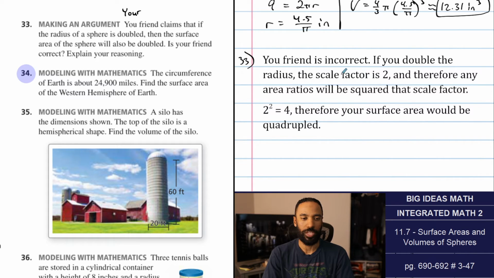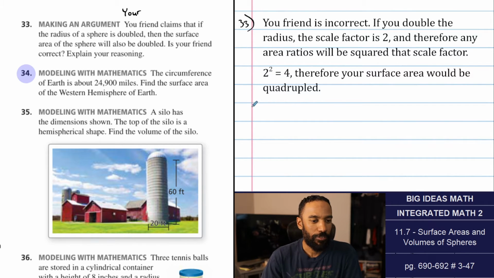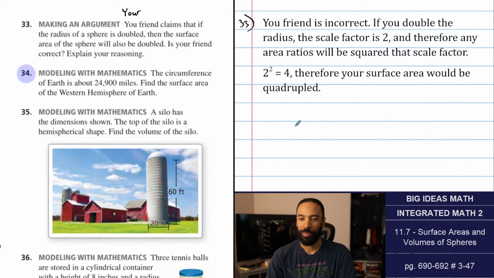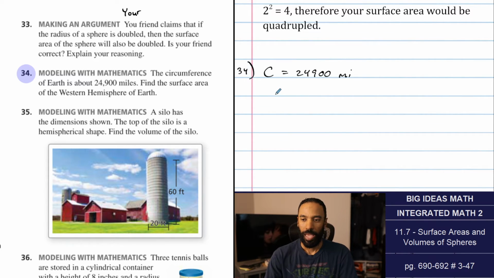All right, modeling with mathematics. The circumference of Earth is about 24,900 miles. I think we learned something about the circumference of the Earth based off of that guy. I forget his name. Some Greek guy. Find the surface area of the western hemisphere of the Earth. So if I have a circumference of 24,900 miles, and I want to use the radius for surface area, I'm going to set 24,900 equal to 2 pi times the radius, and I'll divide by 2 pi, and I'll get a radius here.